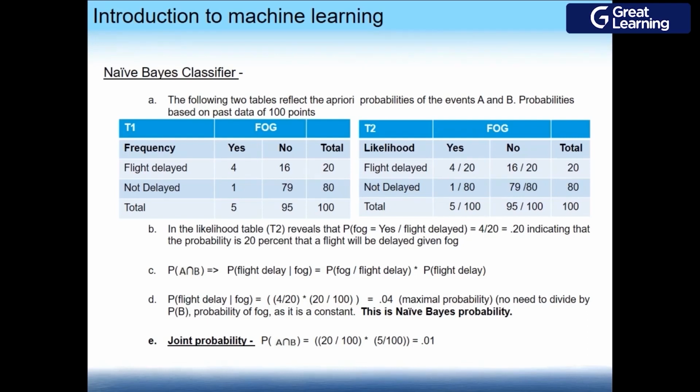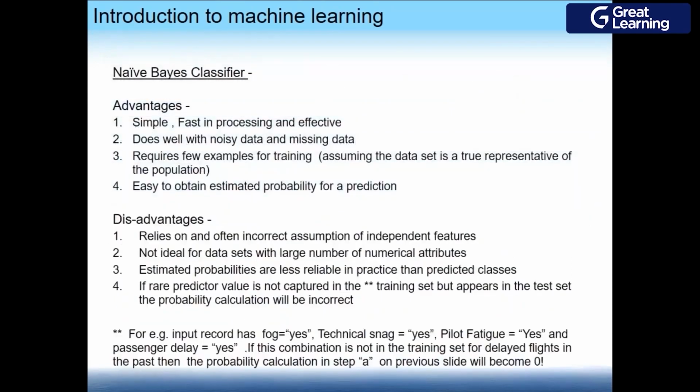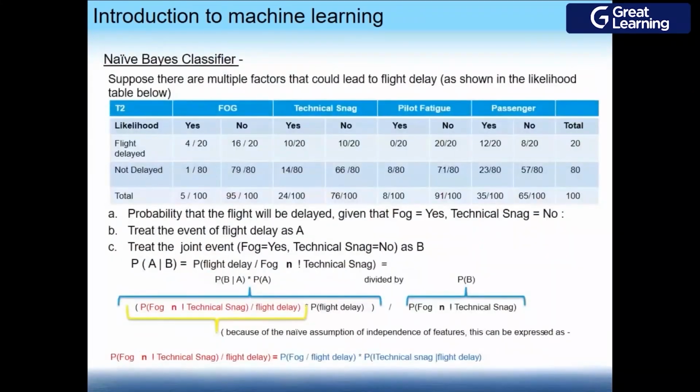Okay, what I want to show you is I can extend this argument to include multiple parameters. Once again, I have only 100 records. 80 times no flight delay, 20 times flight delay. These are the various events which I have captured from the past.